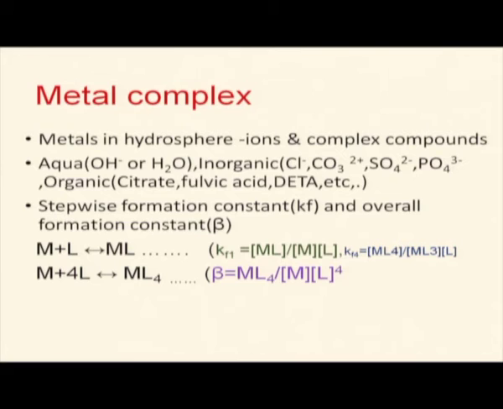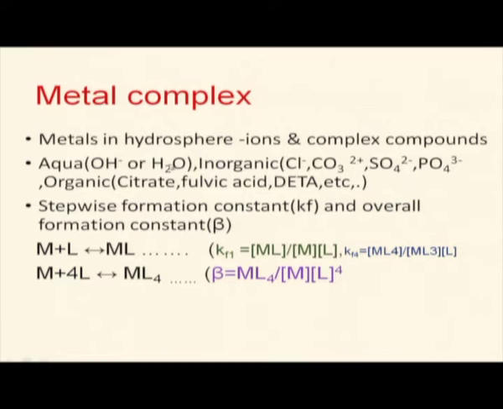Usually, metals in the aquatic environment form complexes with different species, depending on whether they are type A, type B, or intermediate. These metals may be present as ions or complex compounds, especially with water. Water itself can act as a ligand, either as hydroxide or as a simple water molecule.